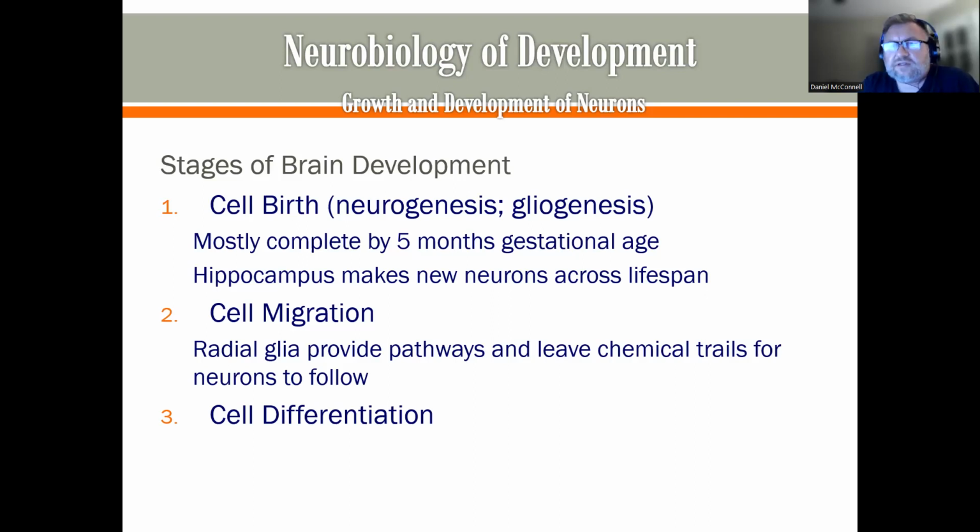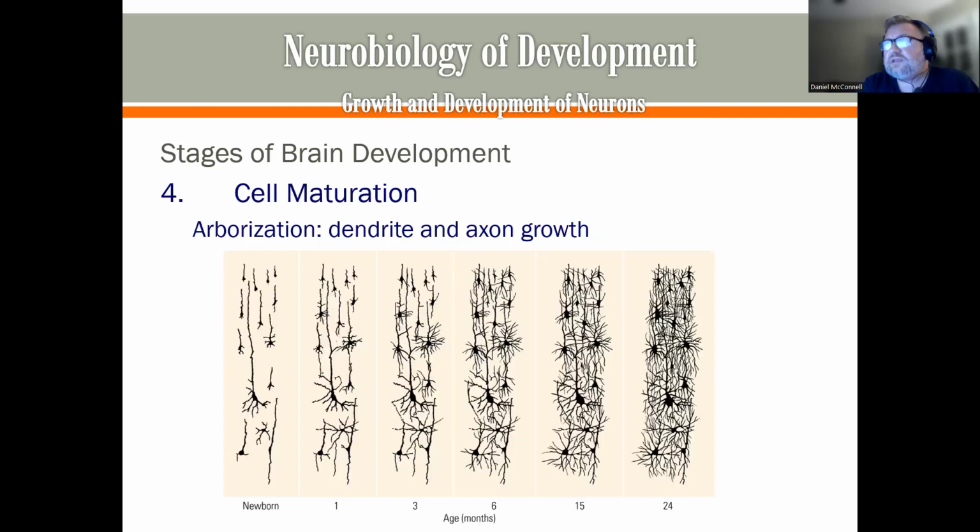So they start to differentiate to become these specific types of cells only once they're in place, right? And related to that is once they differentiate, they have to grow the appropriate shape, as I said, and that means dendrites and axons. So these early neurons that are just forming and migrating to the appropriate position don't look like neurons the way we think of them, right?